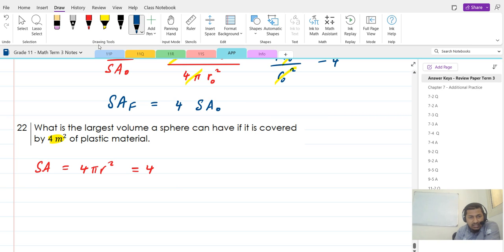So we can divide by 4 pi on both sides. So we have r squared equal to 4 over 4 pi, and then r is equal to the square root of 1 over pi. Remember, the 4 and the 4 cancel out because I divided, and we're taking a square root.